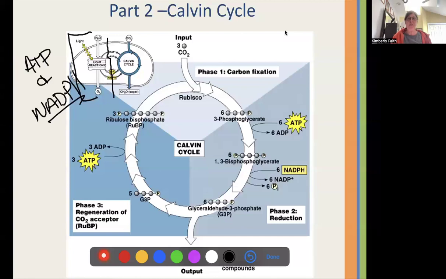Okay. Now part two has a couple different names. It used to be called the dark reaction because it didn't use light like the other one. So okay, let's call this the dark. And then we realized, well, it's not really something that happens in the dark because you can't keep this cycle going without ATP and NADPH, which needs the sunlight.